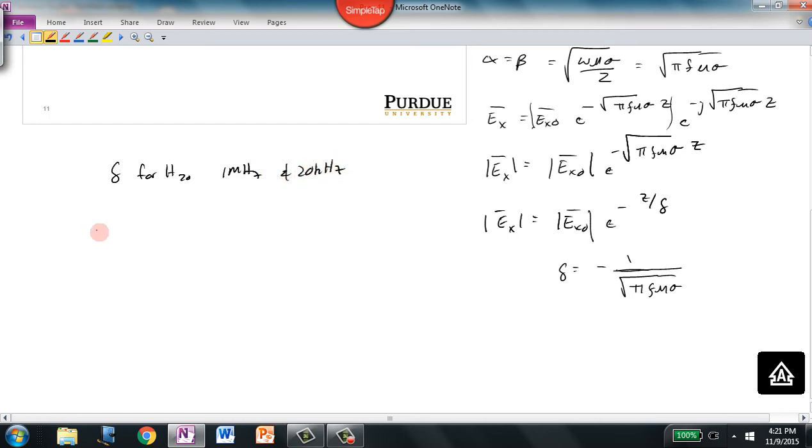So the skin depth of water, delta at 1 megahertz, is equal to 1 over root pi times 1 e to the 6. Water has a relative permeability of 1.